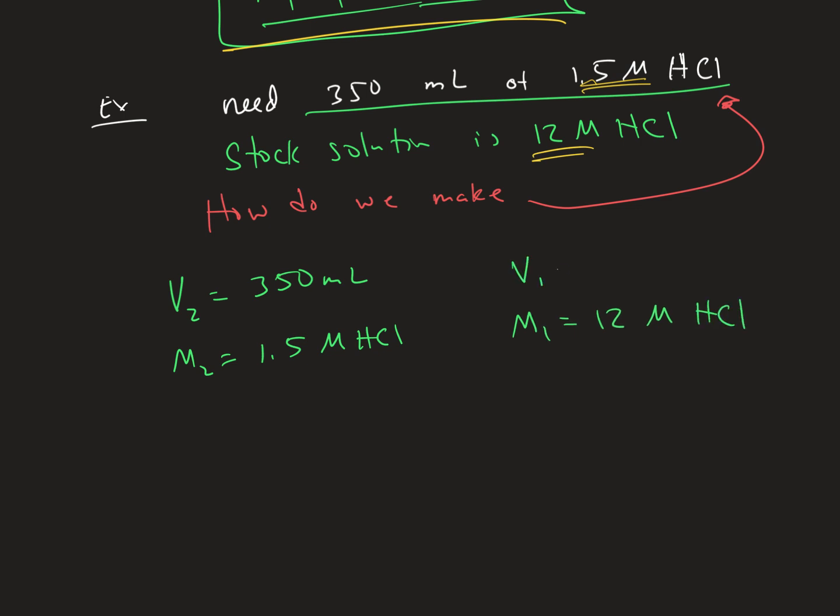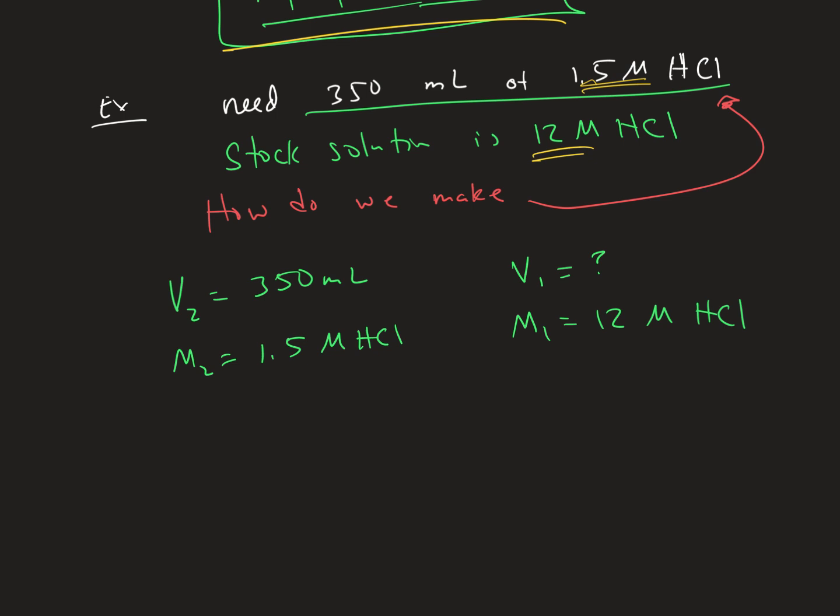That means we're looking for our V1 because that's the only one we don't know. Does that tell us how we make the 350 milliliters of 1.5 molar solution of HCl? It helps us, but it's not the end.